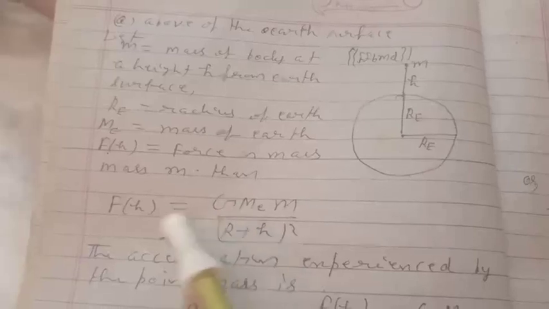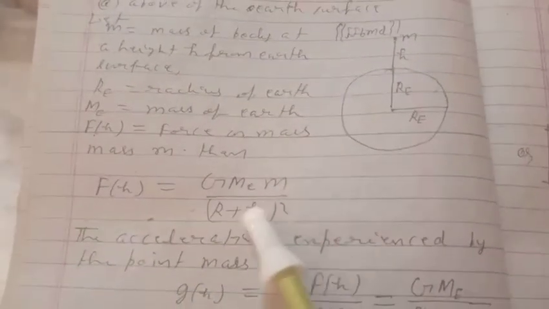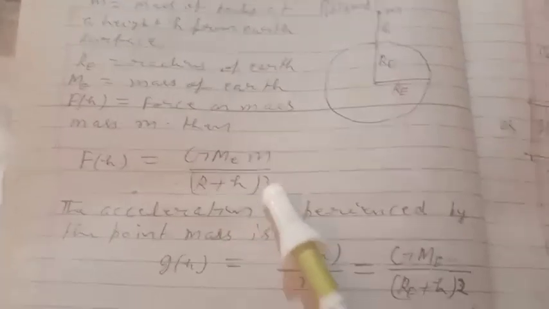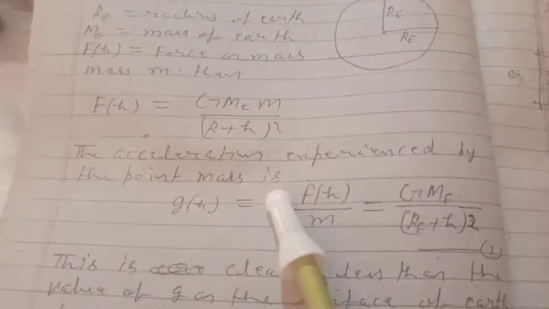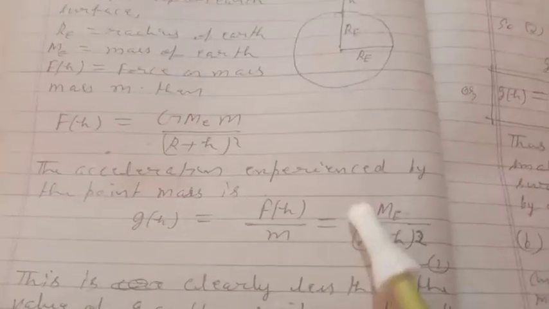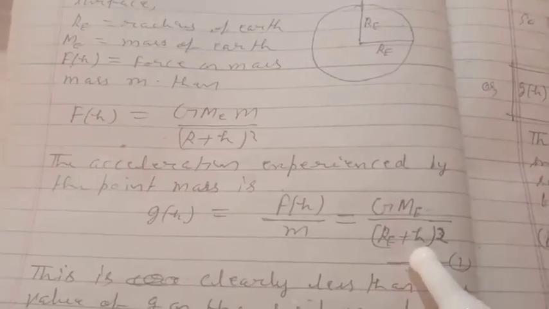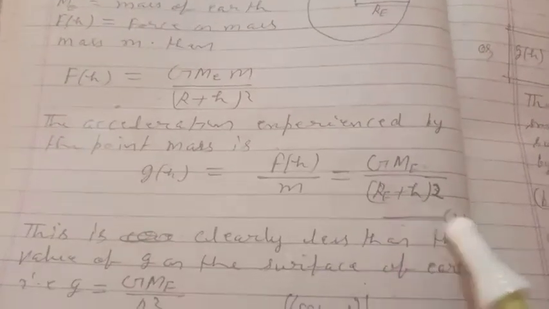So here we are using the gravitational force formula G Me m by (Re plus h) whole square. The acceleration experienced by the point mass is gh equals Fh by m equals G Me by (Re plus h) whole square. Equation 1.